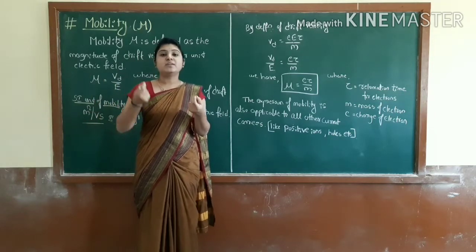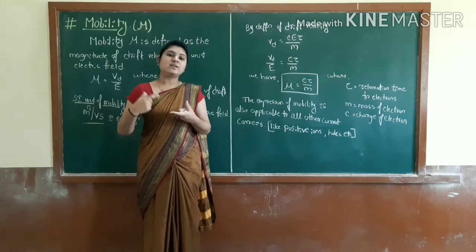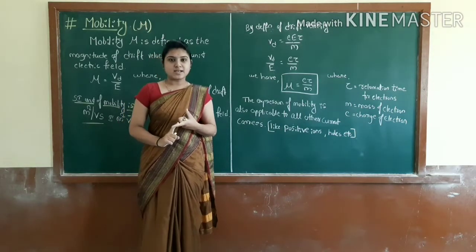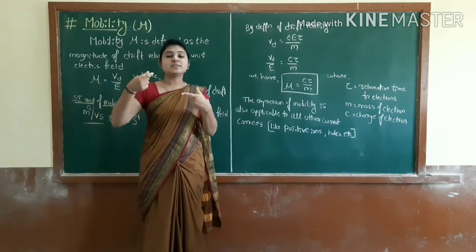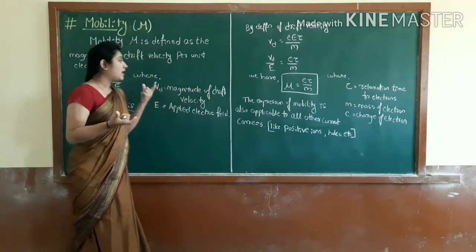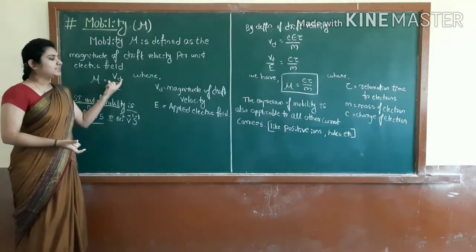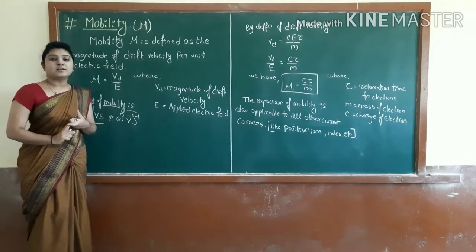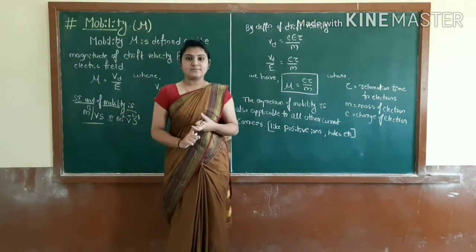That is the drift velocity of the electrons, which we studied in the previous class. And if we take the ratio of the drift velocity to the electric field, that constitutes our mobility.